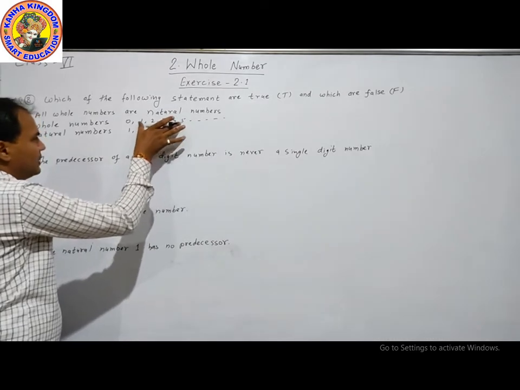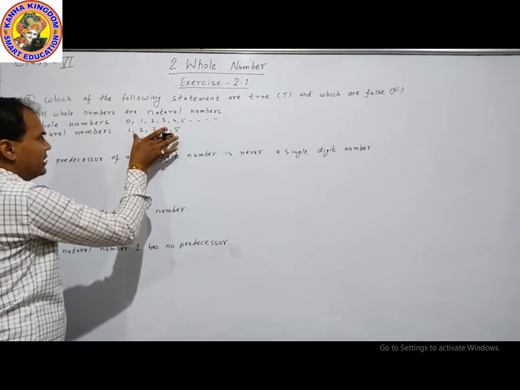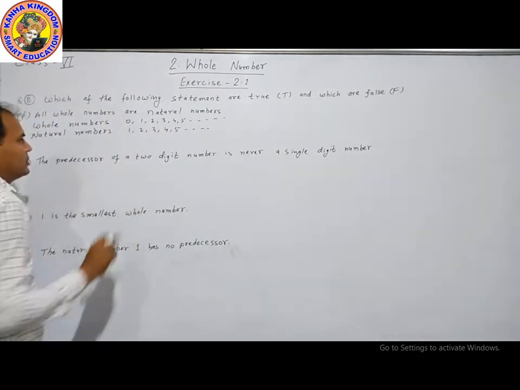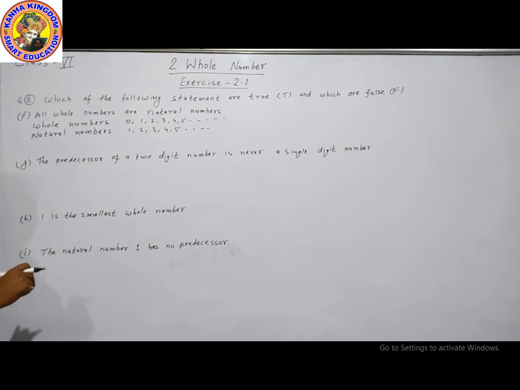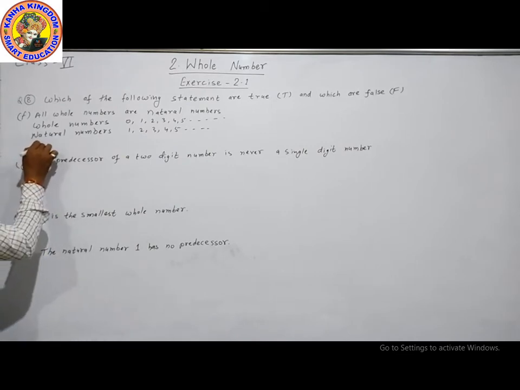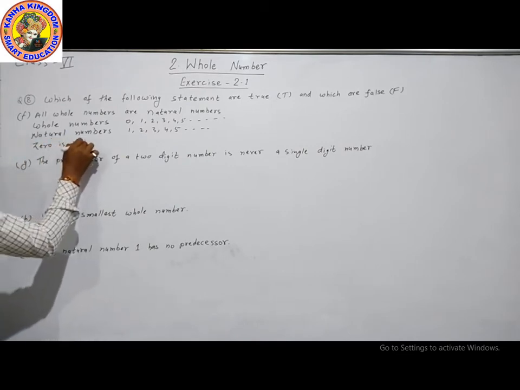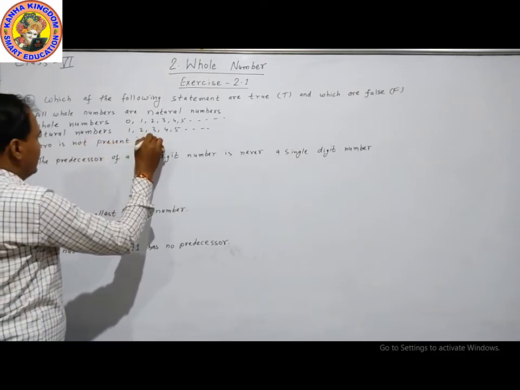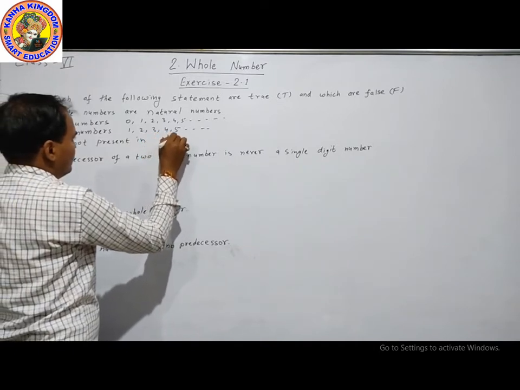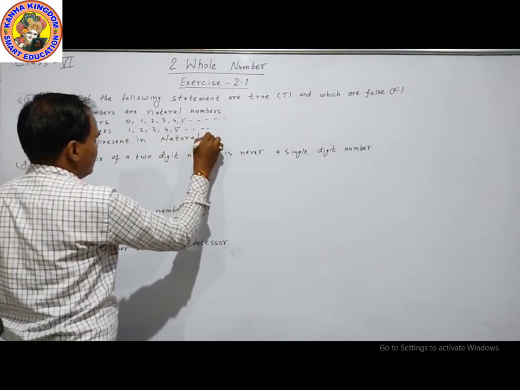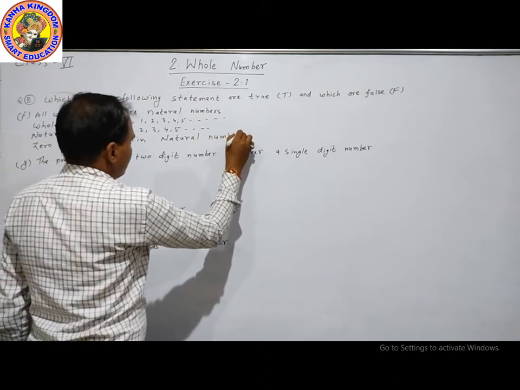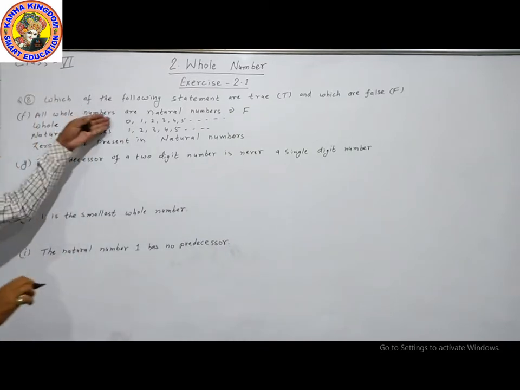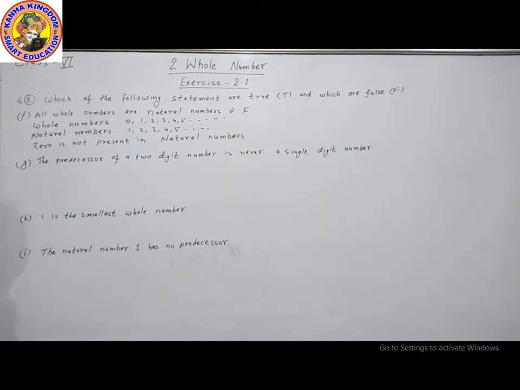These whole numbers are present in natural numbers, but 0 is not present in natural numbers. So this statement is false. All whole numbers are not present in natural numbers.